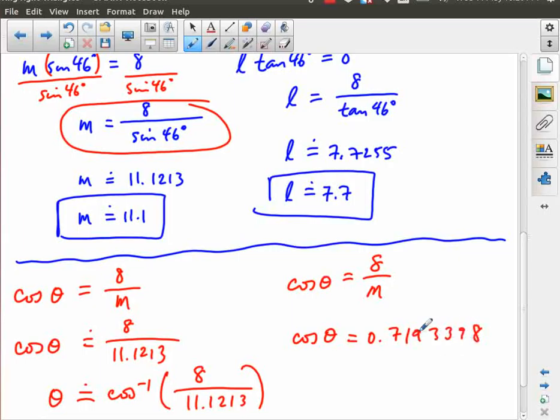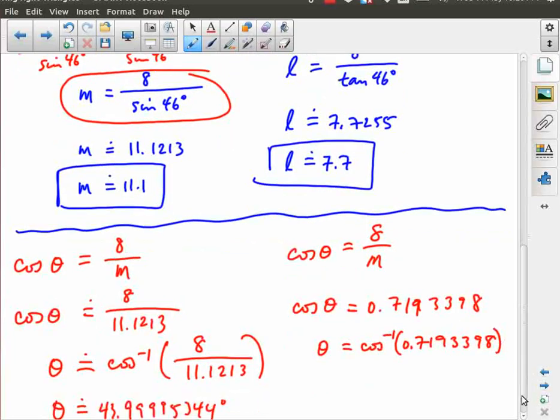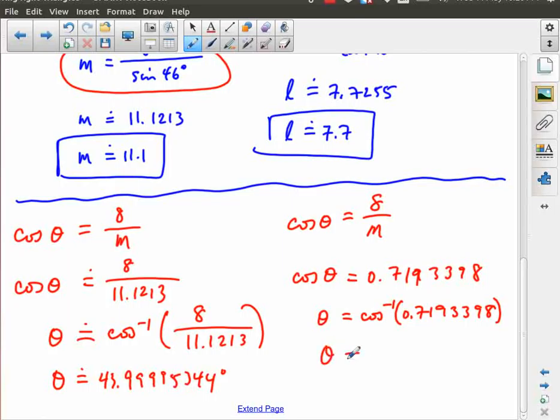That's not going to happen very often, but it happened here, which means theta is equal to the inverse cosine of 0.7193398. And when I take the inverse cosine of that, I end up with exactly 44 degrees. No rounding, not approximate.